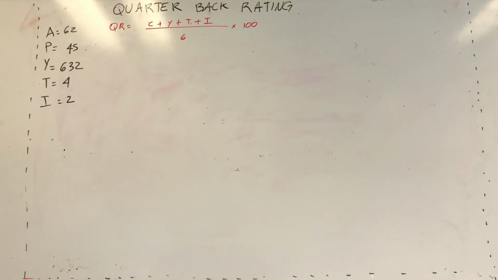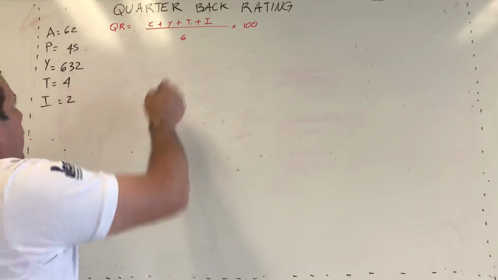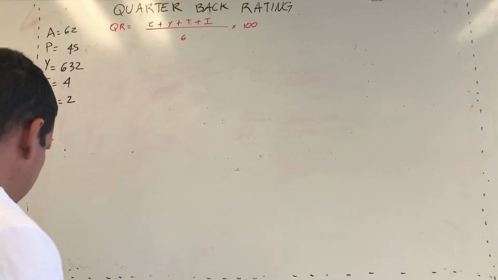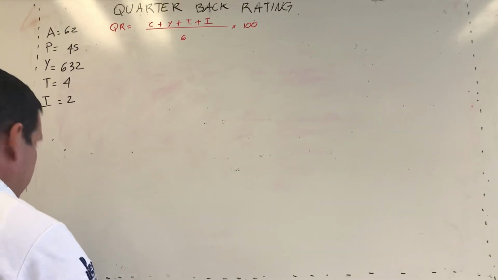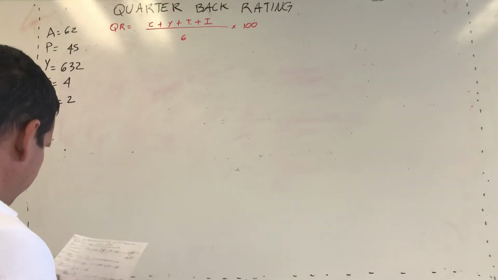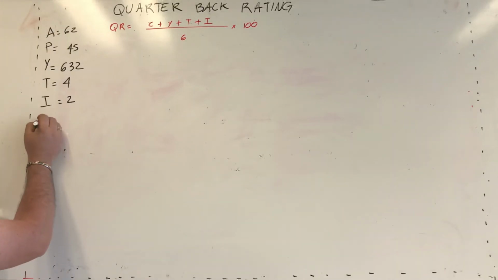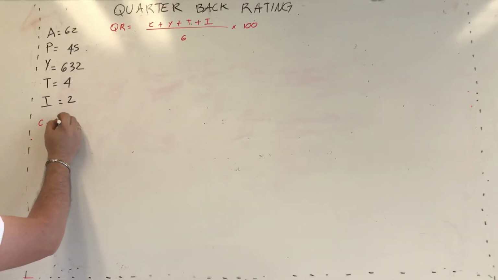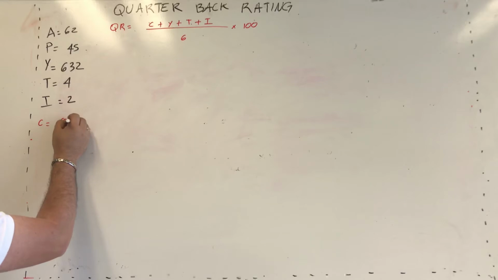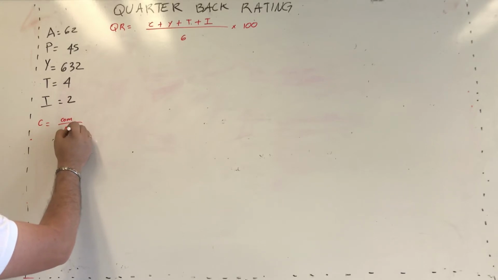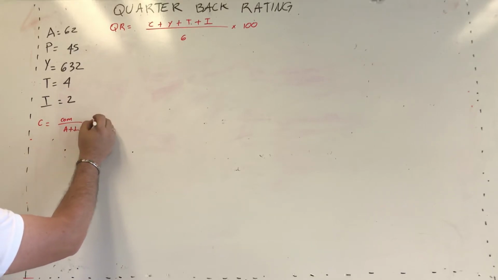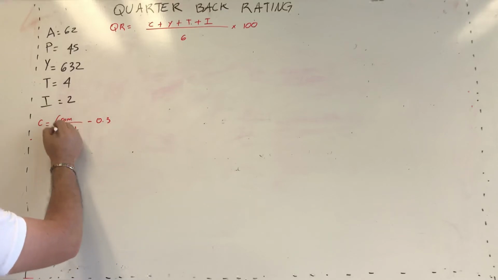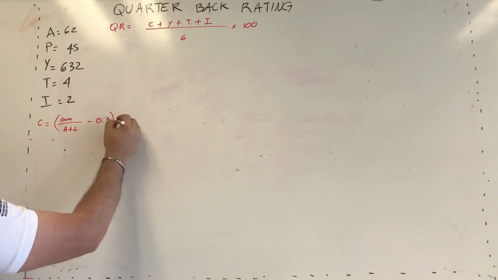But how do you get these values, C, Y, T, and I? Let me write the equations for you. For C, we have the completed passes divided by the attempts minus 0.3, and whatever you get, you multiply times 5.